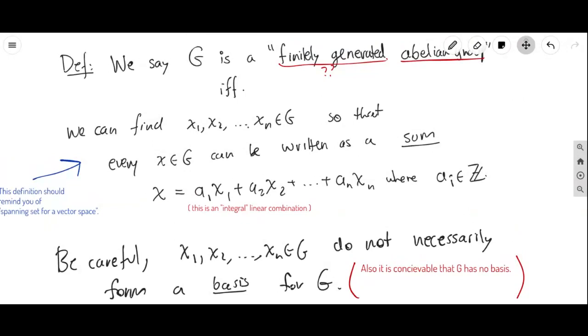So that's the definition of what it means to be finitely generated. There's a finite set of, to abuse terminology, vectors, but technically they're elements of the group, that allow you to express every other element.